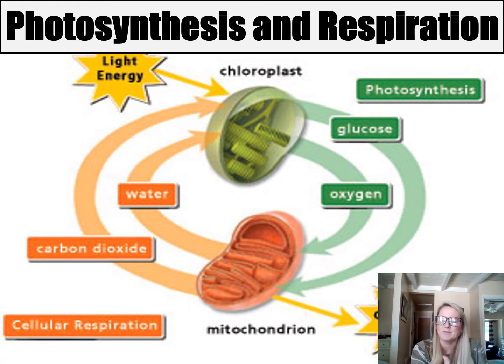Respiration is pretty much the flip of that. In respiration, you are taking glucose and oxygen and breaking them down into CO2, water, and a chemical called ATP that is made.